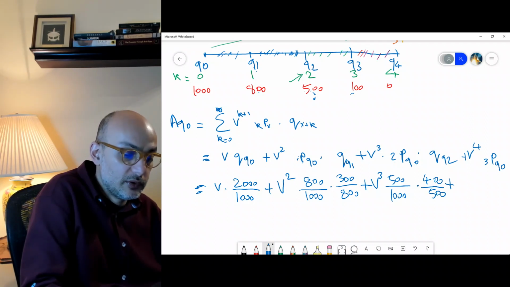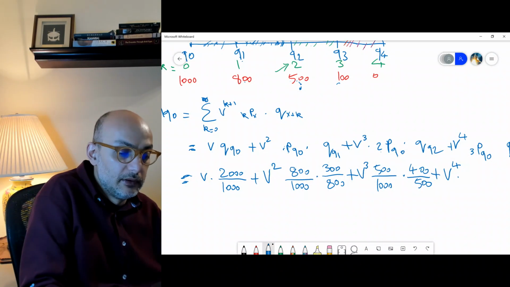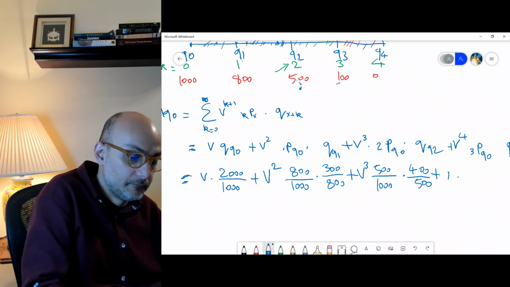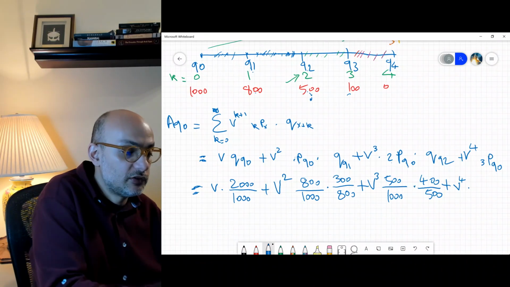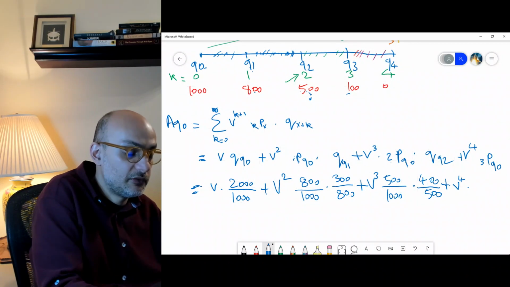Now the last one is V4, and we know it's V again. It's the 3P90, smaller V maybe. 3P90, so somebody age 90 survived to 93.